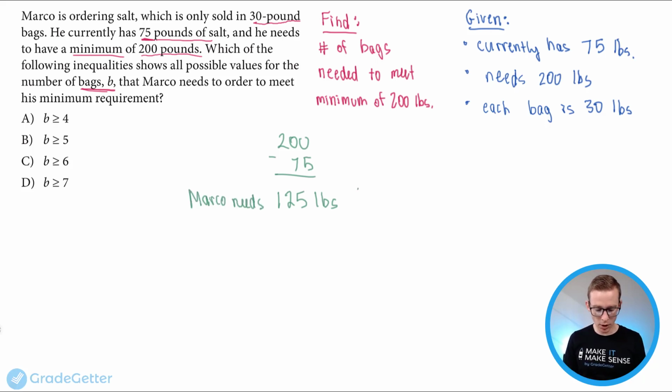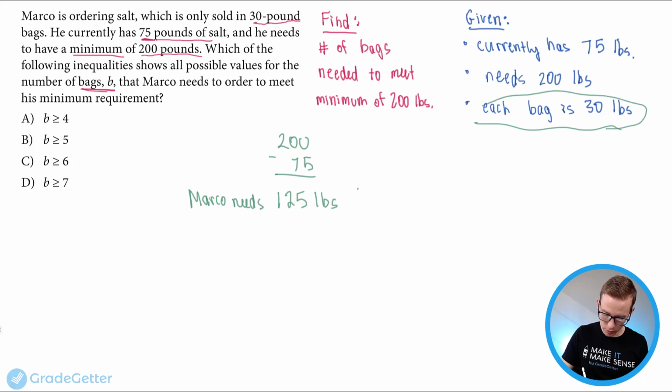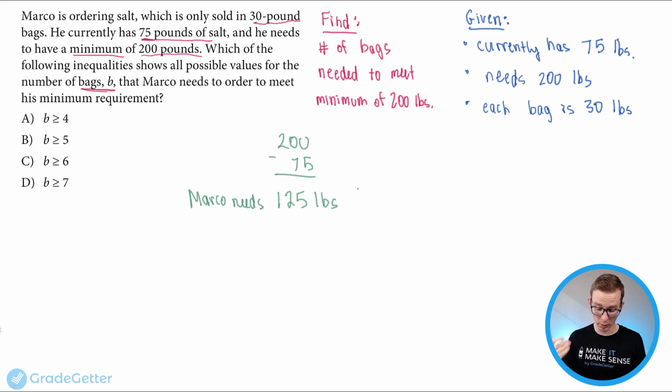So if he needs 125 pounds and each bag is 30 pounds, let's divide 125 pounds, which is how much he needs, by the amount of pounds per bag. And that should tell us how many bags Marco is going to need.